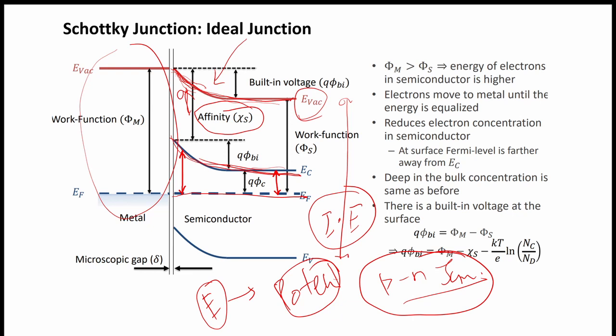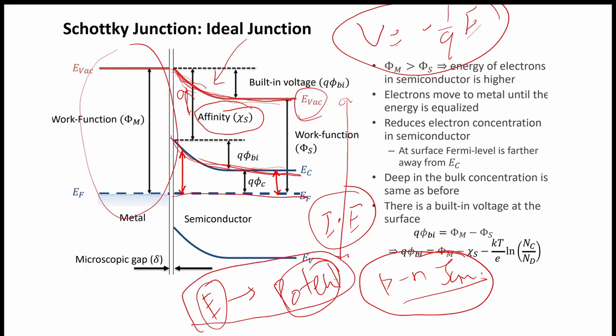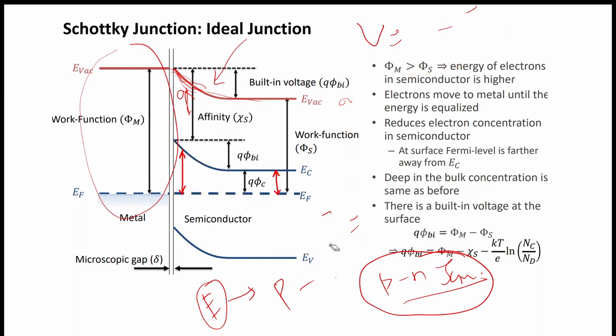V is equal to, I think, minus 1 by QE, something like that. This is a relation which is just opposite to the potential that we have already calculated from the Poisson's equation. So this is how the bands will bend at the metal semiconductor interface.